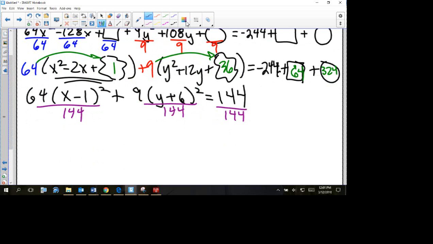When I divide by 144, I do get 1 over here. In the middle, I'm dividing by 144. This 9 and the 144 reduce to 1 over 16. So I write it as y plus 6 squared over 16.